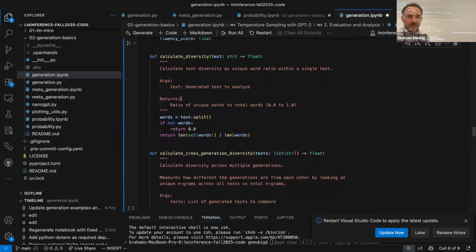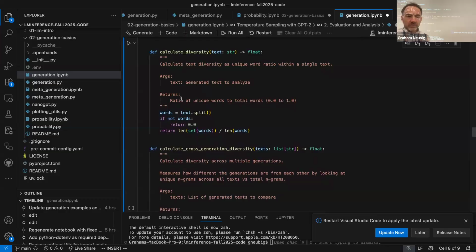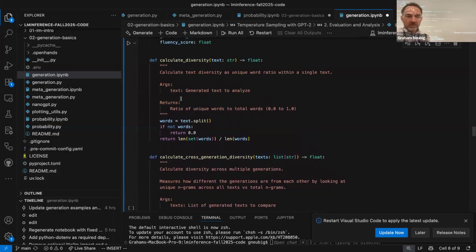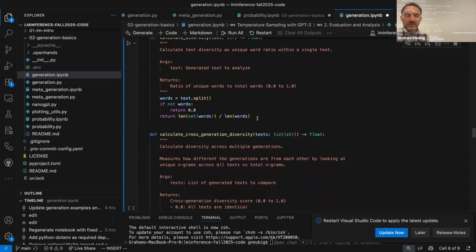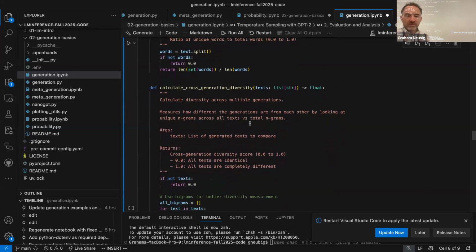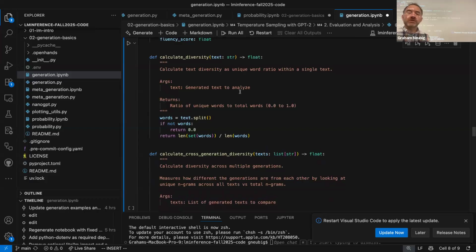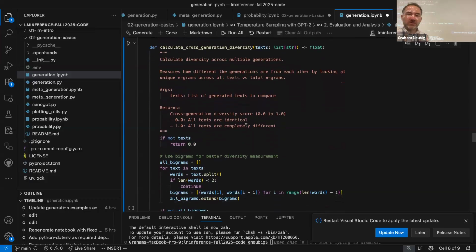The diversity metric I'm going to use here is the ratio of unique words in the set compared to the total number of words. So sorry, this is the diversity within a single example.